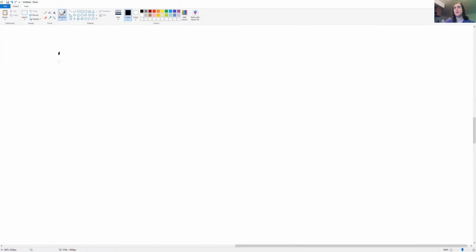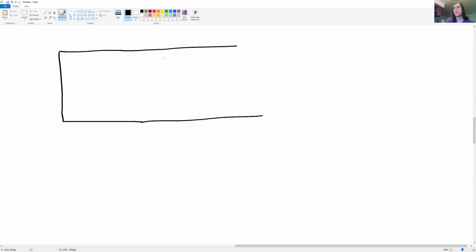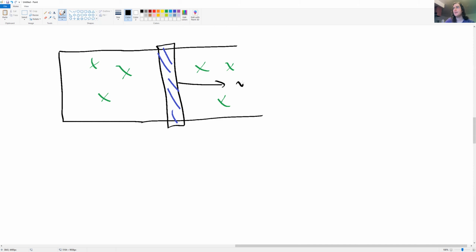Okay. So here's the circuit, like this, and here's our rod. And this thing has a velocity v that we've given to it.